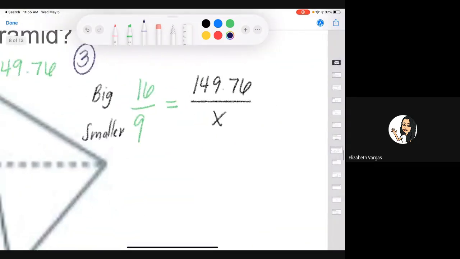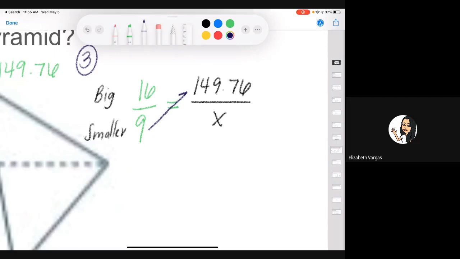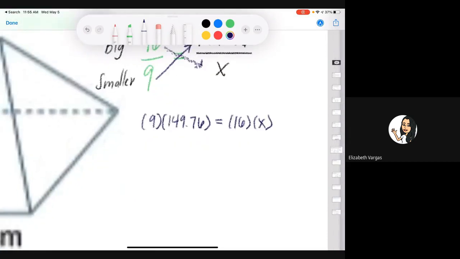So now I have this equation right here. You just do cross multiplication. So this times this, 9 times 149.76, will be equal to 16 times x. And then I'm just solving. So I'm multiplying those two together.